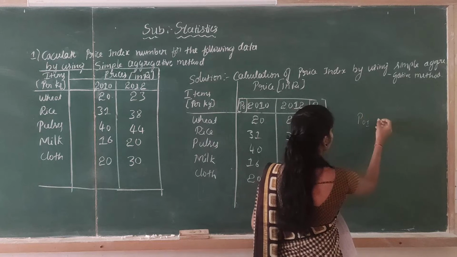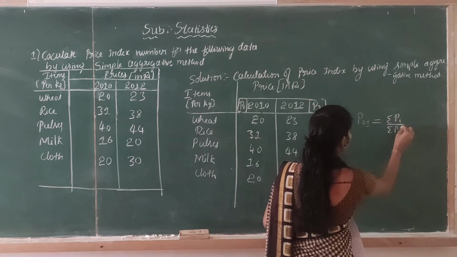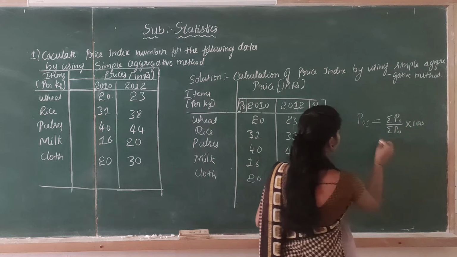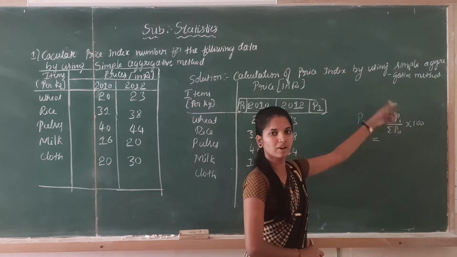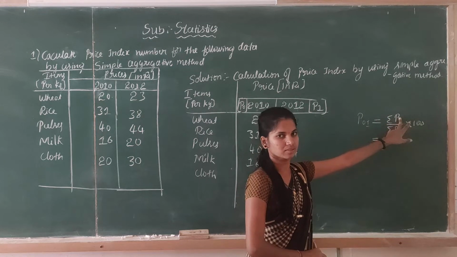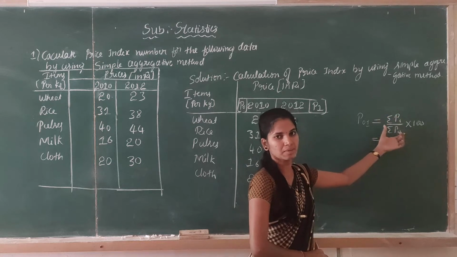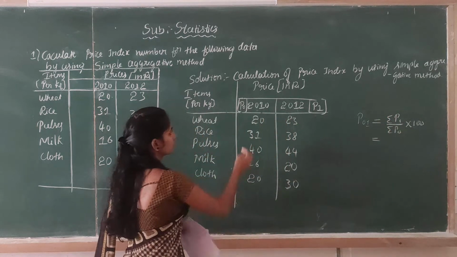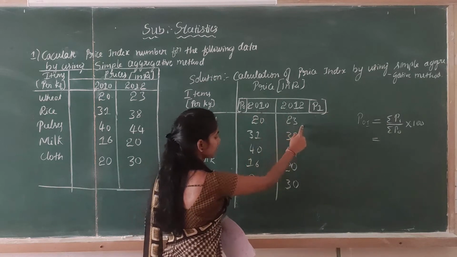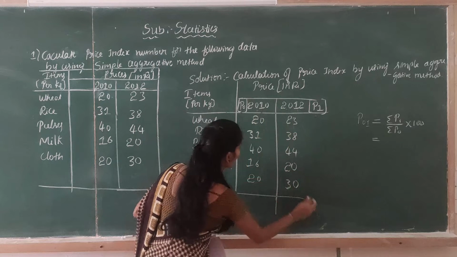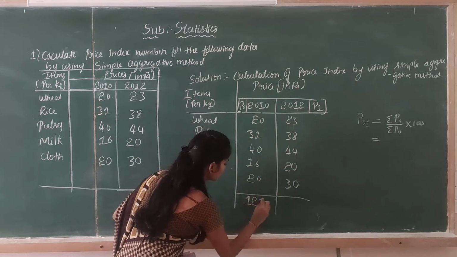So the formula for the simple aggregative method is P01 equal to summation P1 divided by summation P0 into 100. Summation P1 is the total of the current year prices and summation P0 is the total of the base year prices. Listen here. Adding the values for the base year, the total is 127.